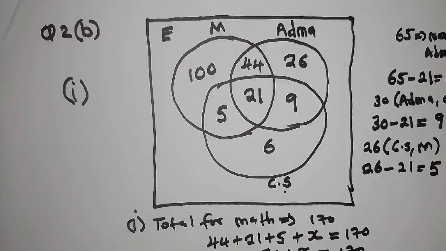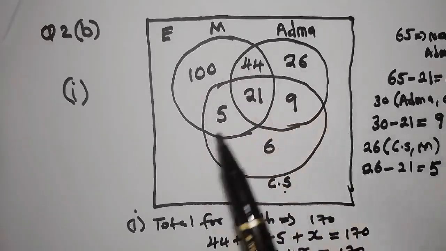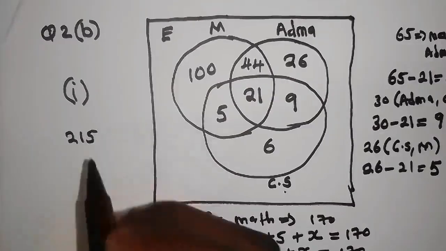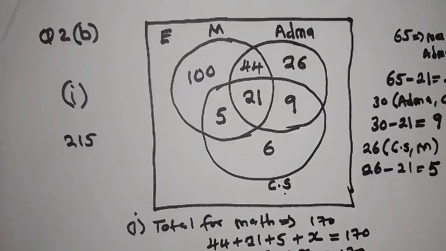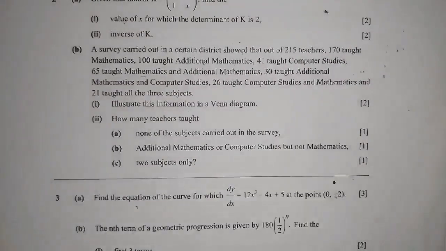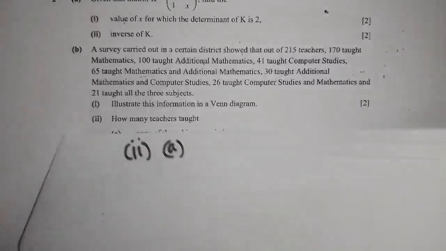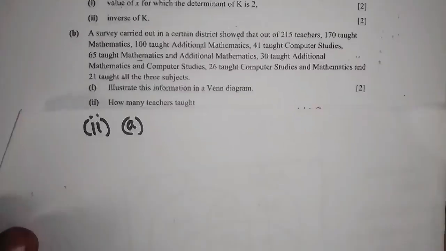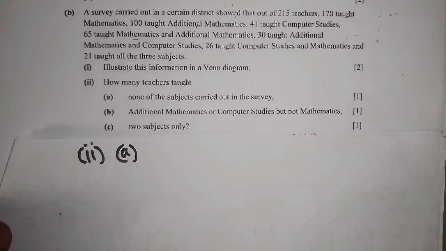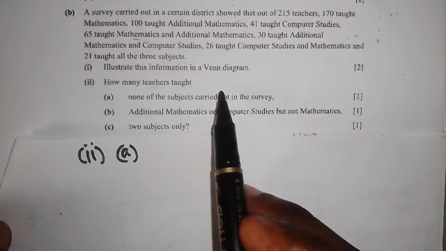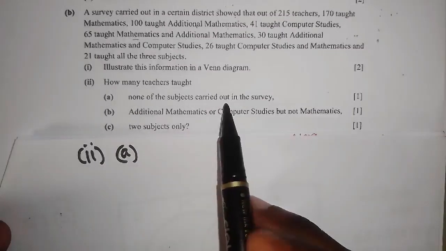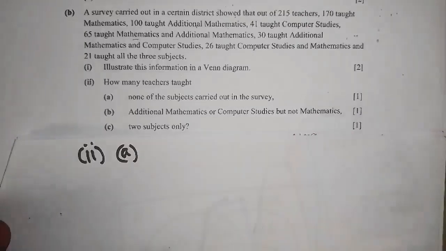So how many of them did not teach, you can just add everything, and then we know that the total is 215, okay? But anyway, we'll figure out in the next question, okay? Okay. So how many teachers taught none of the subject carried out in the survey?